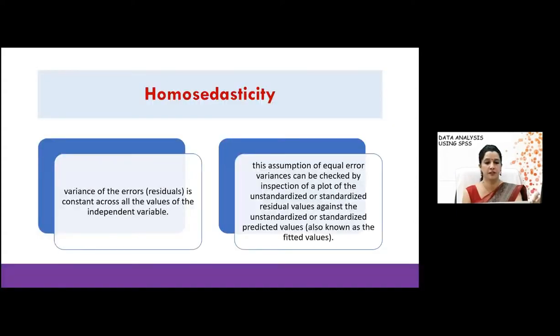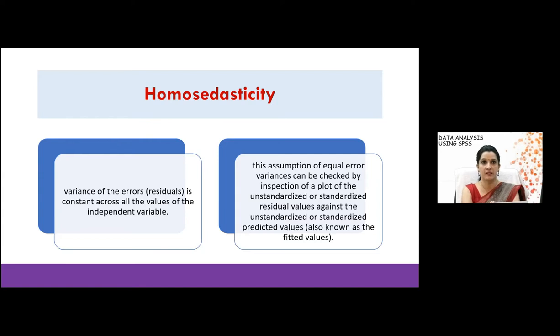So now coming to this concept of homoscedasticity. We have seen homoscedasticity, and it is a concept very much related to the variance. The variance of residual should be constant across all the values of the independent variable.